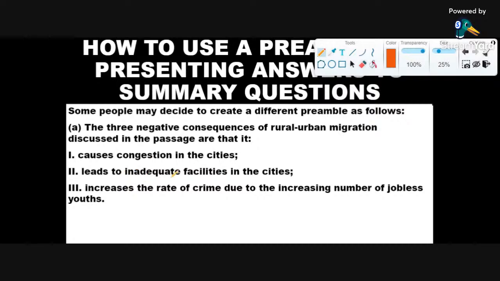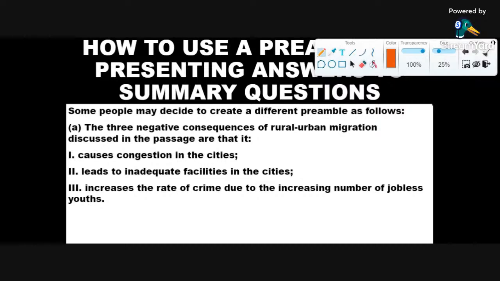Don't forget that you may decide not to use a preamble at all, and you may decide to present your answers directly in sentences, no preamble, and you will get full marks. That shows that what the summary question requires you to do is simply to present your answer in sentences. All right?